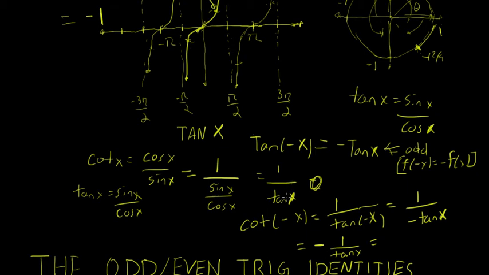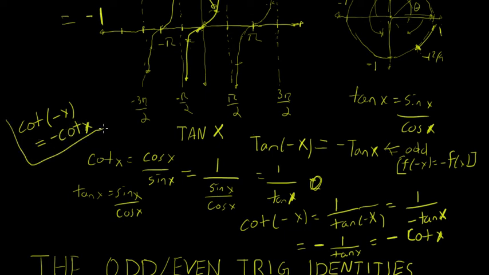So cotangent of negative x is negative cotangent of x.